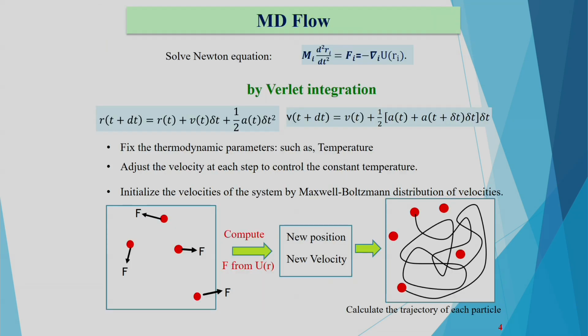And then in order to study the flow of these particles, we have to solve Newton's equation, which is simple, which is mi d2ri/dt2 equal to Fi, where Fi is derived from these potentials by the negative gradient of these potentials that we have just seen. And then this equation will be solved using the Verlet algorithm, which we have learnt earlier.